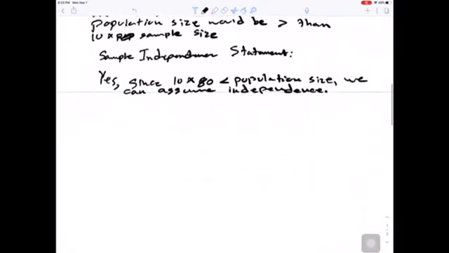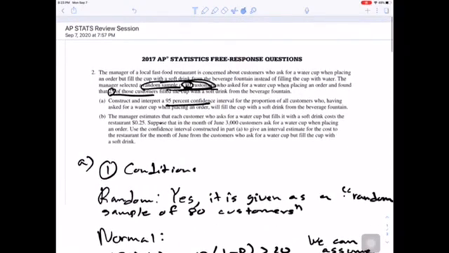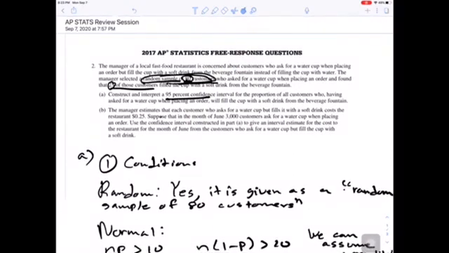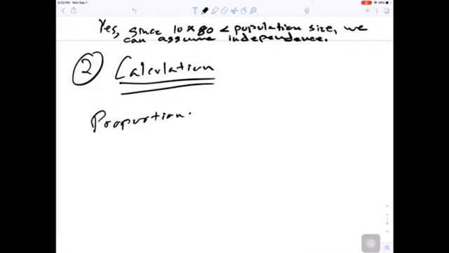So the second step in the process is the calculation. One quick note, proportions always use z-scores and means usually use t-scores.